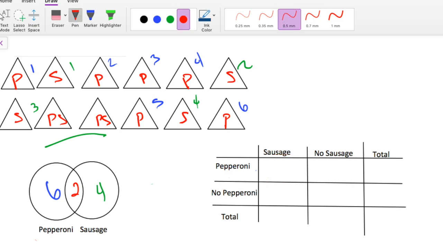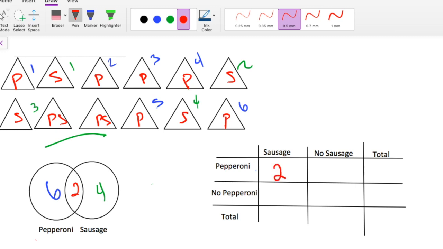In our first square, as I've mentioned, we see pepperoni and sausage. So where do we see on this Venn diagram a place that we have both pepperoni and sausage? The only place I see that has both is right here in this overlapping section. So what number do we think we're going to put here? Well, it's just going to be a 2.